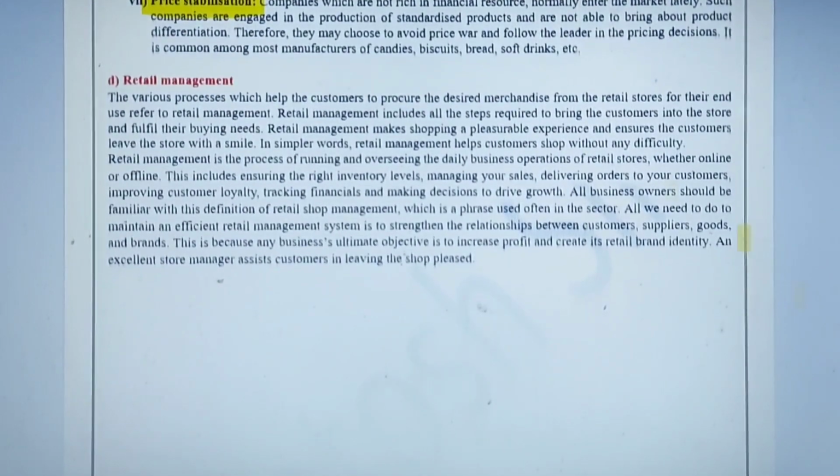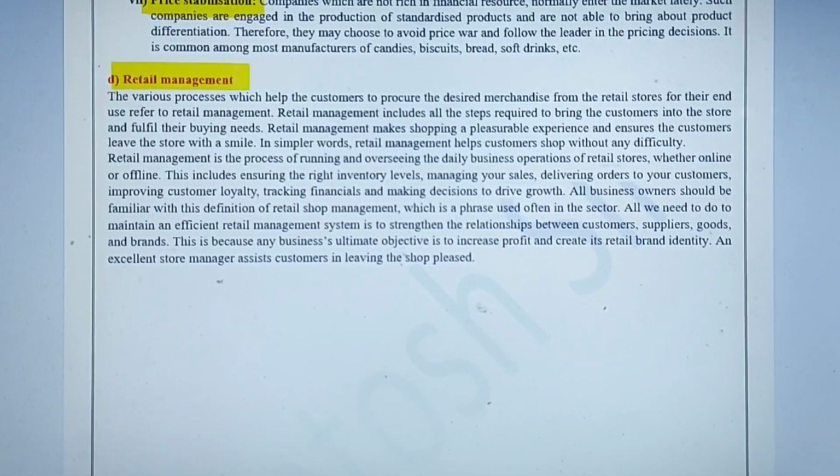This is the last question of this video. Retail management, you are required to write a short note on this. Basically, in retail management the retailers do a sort of research, or the retailers have to manage their outlets properly to increase the sales and profit.